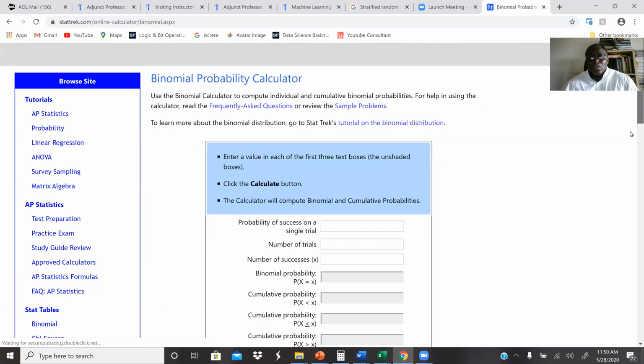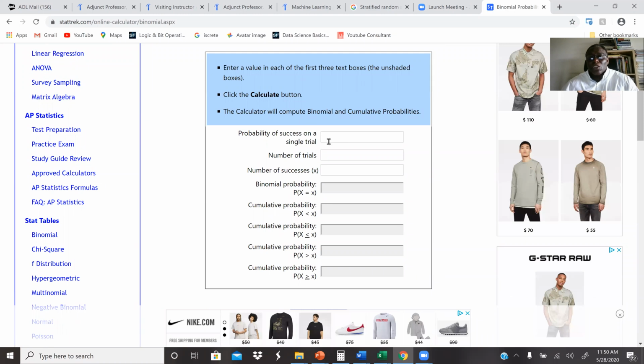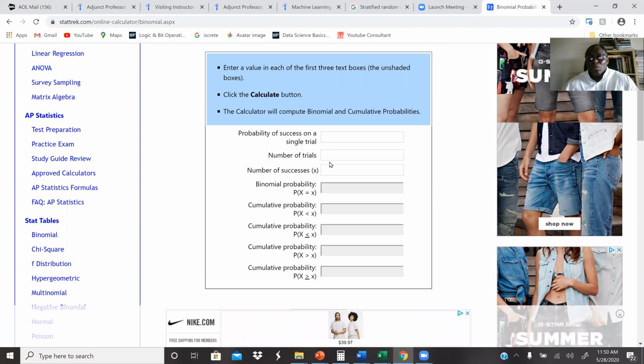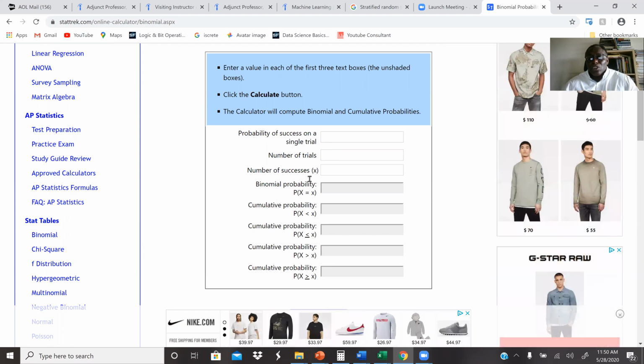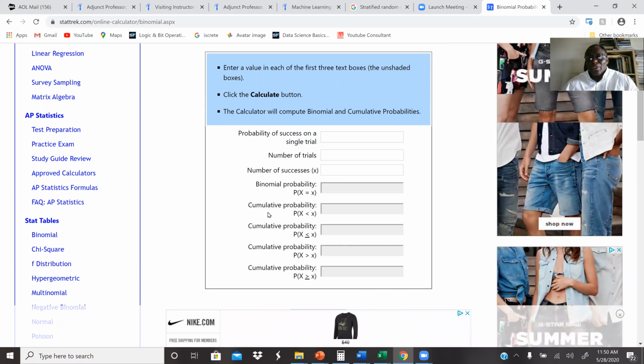This is an application. We write the probability of success on a single try, the number of tries, then the number of successes, and we also have the cumulative probability.